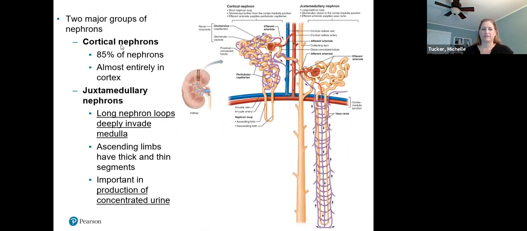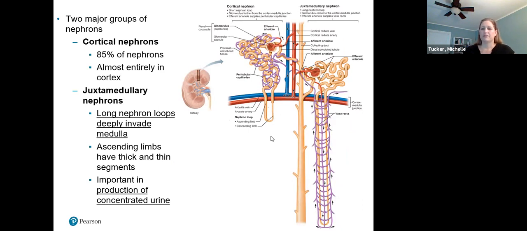So cortical nephrons, 85%, are going to live primarily in the cortex with a little bit of a loop down to the medulla. Juxtamedullary glomerulus tends to be much closer to the border. The convoluted tubules still live in the cortex, but the loop goes way down into the medulla.